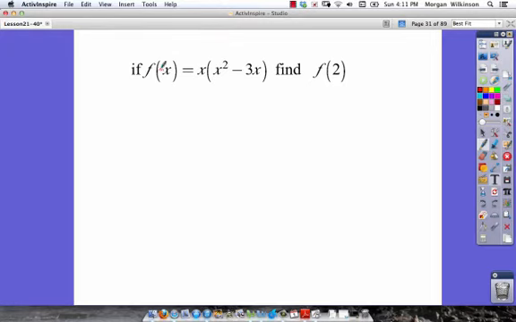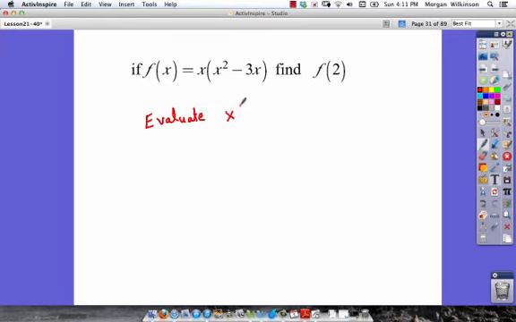It says if f of x is equal to x times x squared minus 3x, find f of 2. Now, another way that we could write this problem would be like this. We could say evaluate, and you do not need to copy this, and I'll tell you why in a moment.